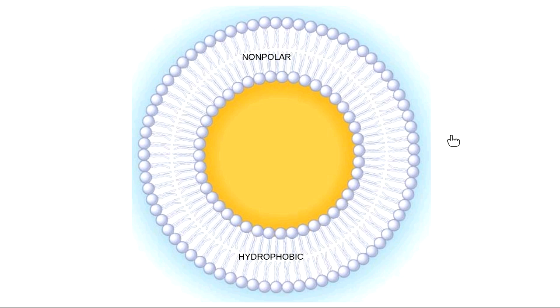If you don't match these tails, so let's use our non-matching words, we'll label them here. The heads were polar, or the heads were hydrophilic. That's the same thing here on the outside. The heads are polar, the heads are hydrophilic.